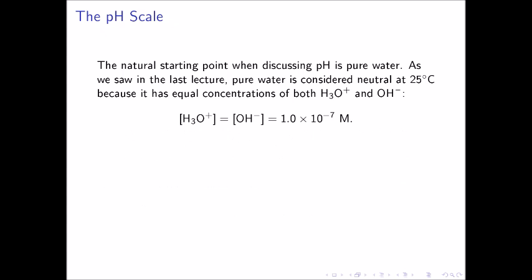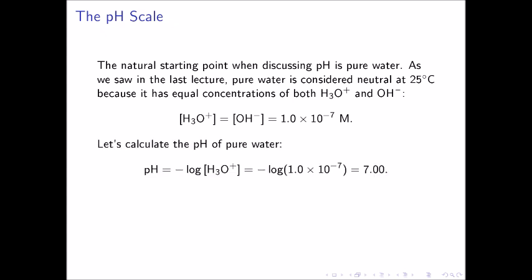When discussing the pH, the natural starting point is pure water. As we saw in the last video, pure water is considered to be neutral at 25 degrees Celsius, and this is because it has equal concentrations of both hydronium and hydroxide ions. In this case, the concentration of each of these is equal to 1.0 times 10 to the negative 7 molar. So let's go ahead and calculate the pH of pure water.